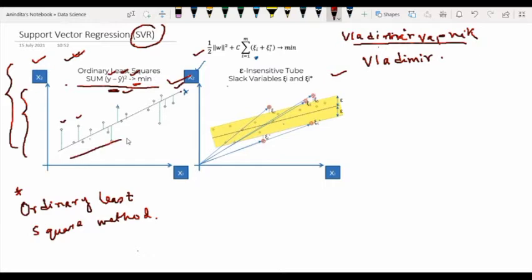Whichever line is depicted, the distance between the points and the line we are going to minimize, and minimizing that means minimizing the error as much as possible.